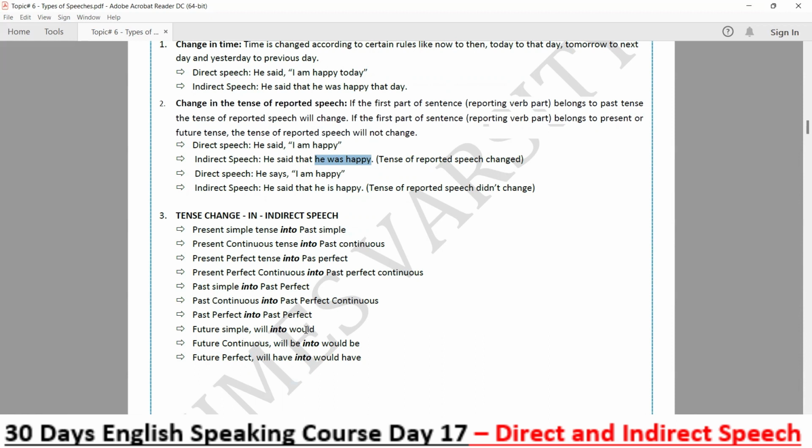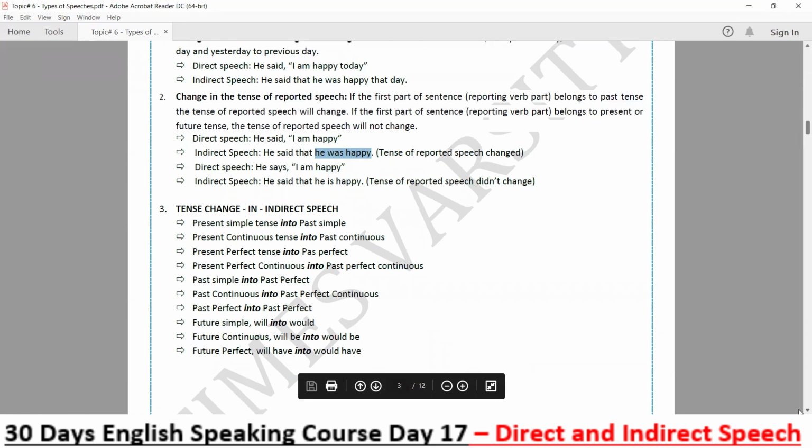So in future simple, instead of will, would will be used. In future continuous, instead of will be, it will be would be. In case of future perfect, will have, instead of will, would is used. So instead of will have, it should be would have. So these are the rules which we need to understand.